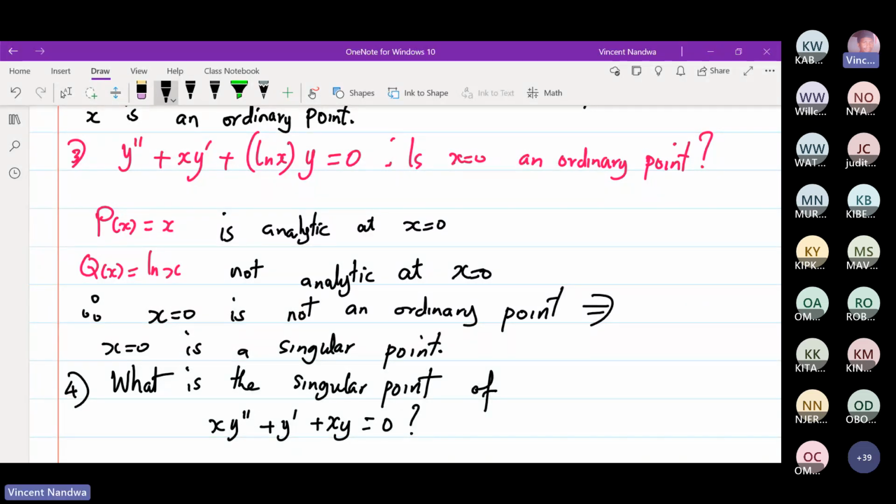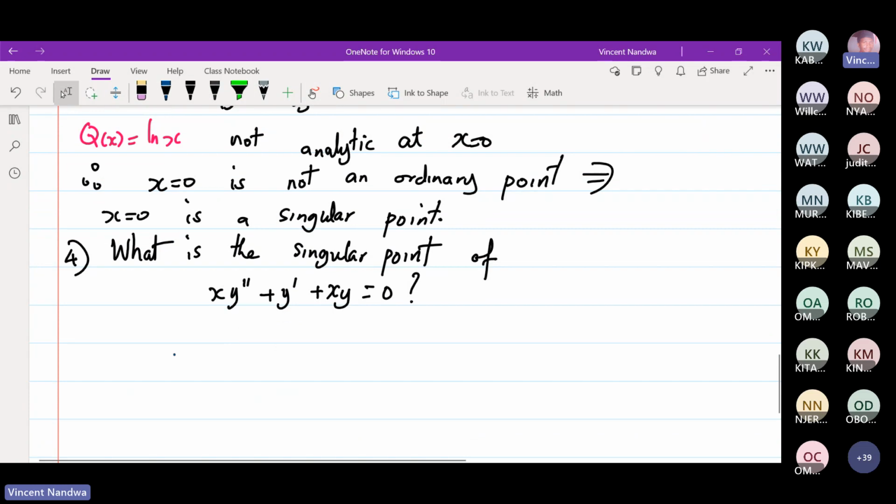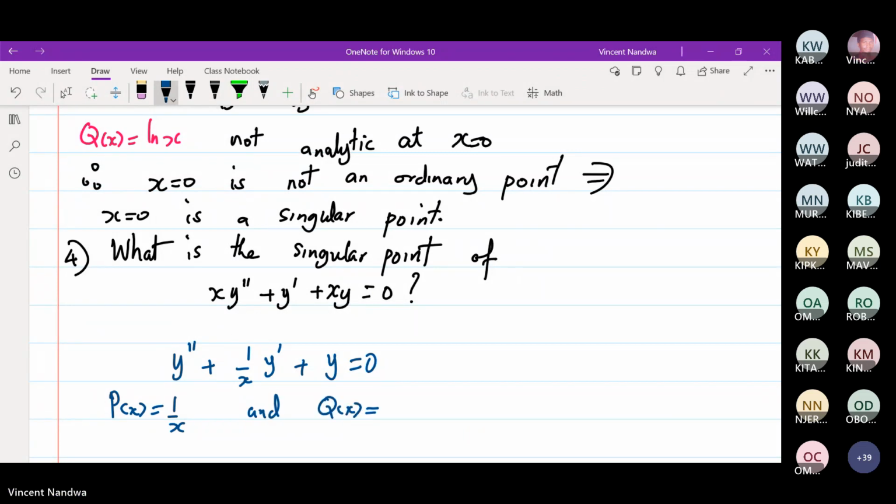When you convert this differential equation into standard form, we get y double prime plus 1 over x y prime plus y equals 0. Which means our p of x is 1 over x, and q of x is 1. So is q of x analytic?